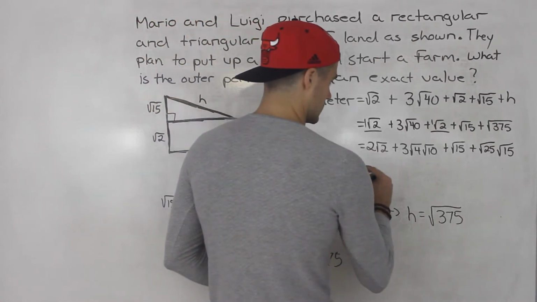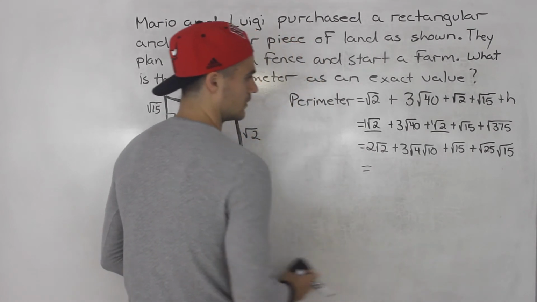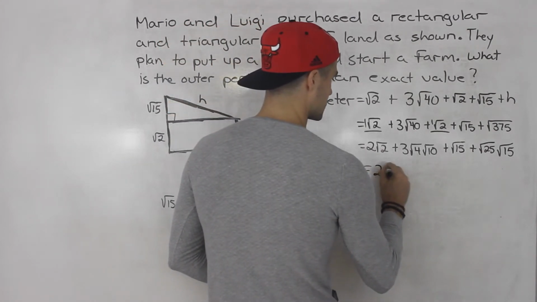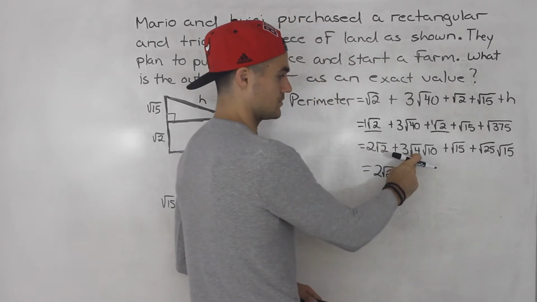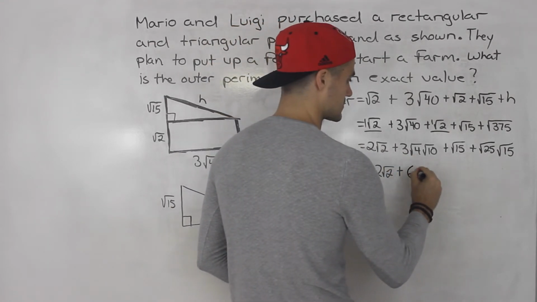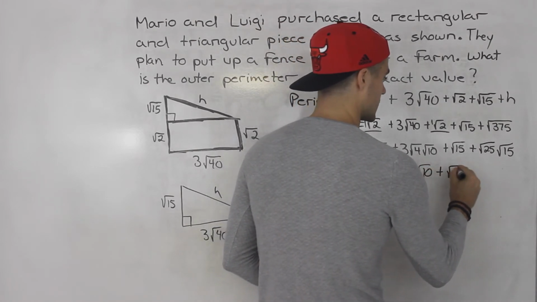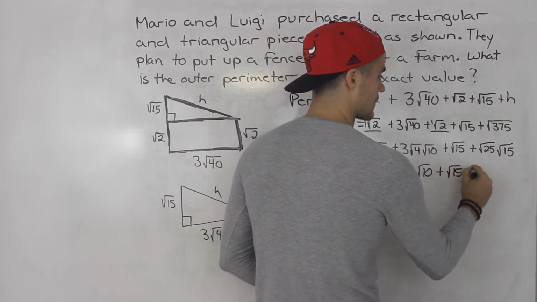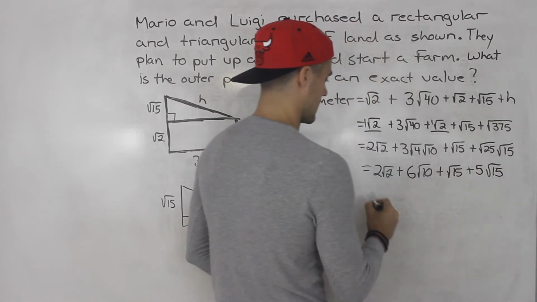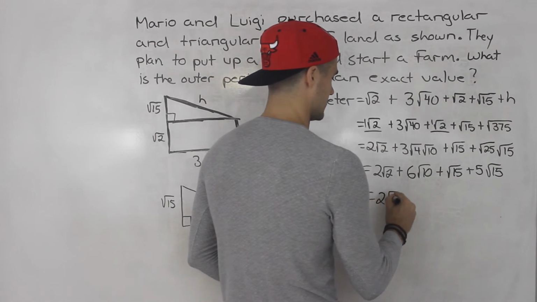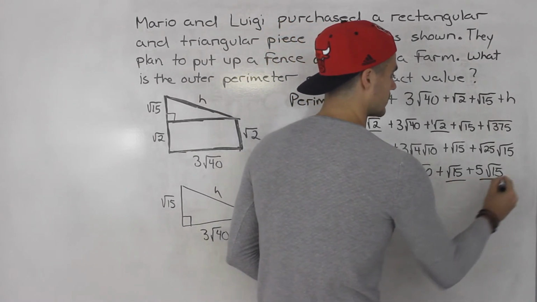So let's keep this going. I'm going to erase this over here. We'll have 2 root 2 plus the square root of 4, which is 2, and 2 times 3 is 6, so this would be 6 root 10, plus root 15. The square root of 25 is 5, and the square root of 15 we can't do anything about. Notice that these are like terms, right?